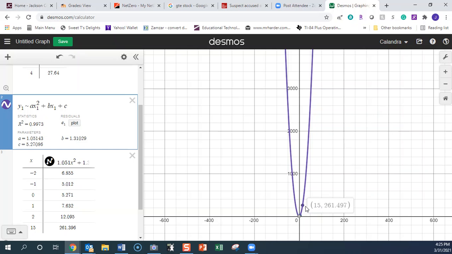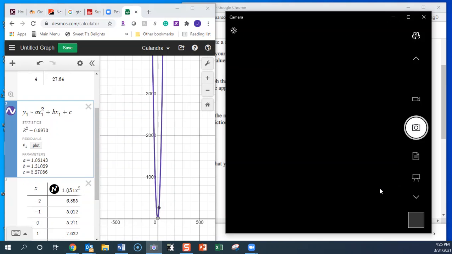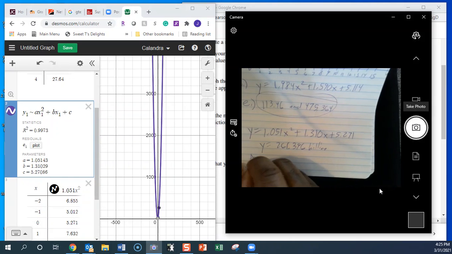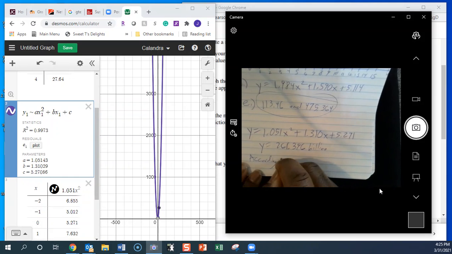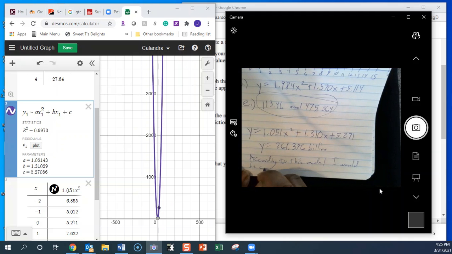It's very, very close. So I would say according to this model, I would be confident the answer would be close to the actual amount.